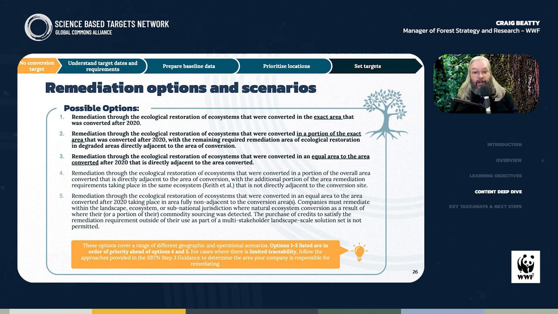As for options 4 and 5, the fourth focuses on remediation actions in a portion of the overall area converted that is directly adjacent to the area of conversion, with the additional portion of the remediation requirements taking place in an area that is not directly adjacent to the conversion site.